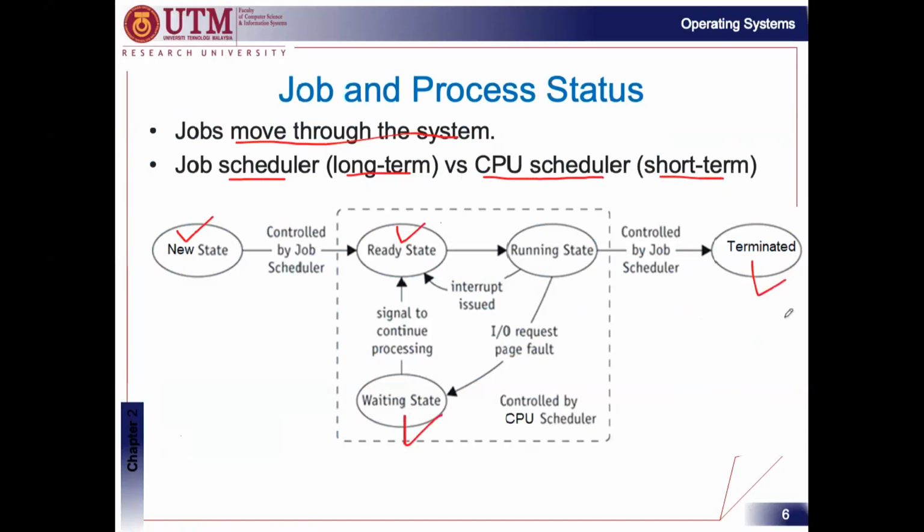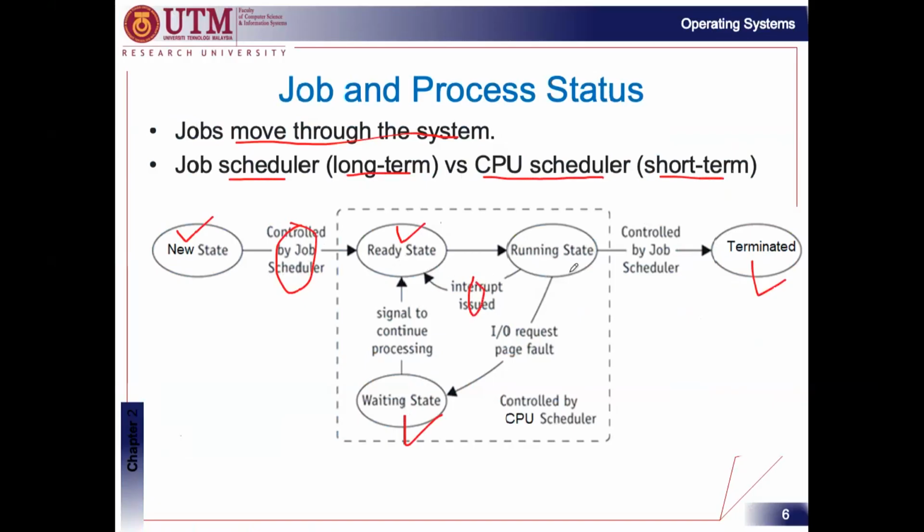Okay, so all processes need to go through these states compulsorily. So they move from one state to another state, and this is controlled by the job scheduler. And if they want to move from ready to running state, there's nothing inside, just an interrupt issue.